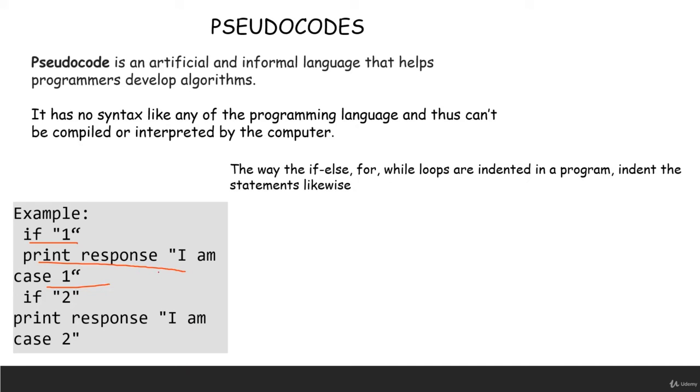Means you will print that I am case one. Then you will take some second condition, then you will go for printing it again. So likewise, these steps you have just defined, or you can say it is like rough work. You will come to know that yeah, I have to perform an algorithm like this. I have to put some condition if statement.